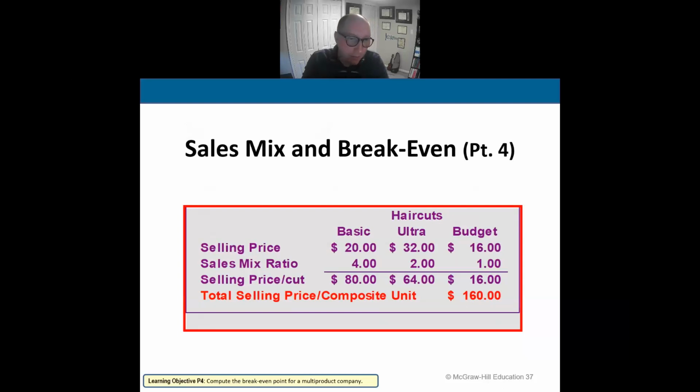Then what I do is I take my sales price times my sales mix ratio to get my sales price per haircut.